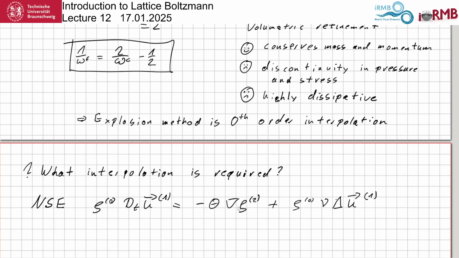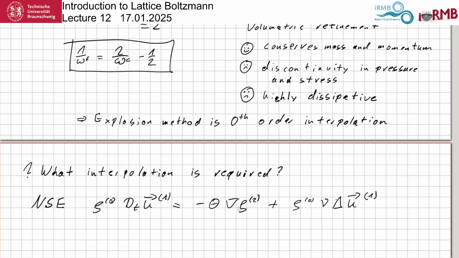So suppose there originally was a gradient in density or whatever, and you just do next neighbor interpolation. This means you say that two neighboring nodes have the same value, right?